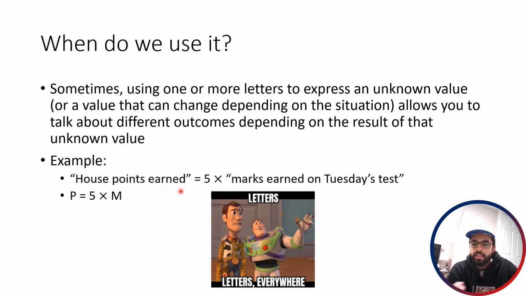If I said that as a sentence, I would say I'll give you 5 house points for every mark you earn on the test. That's 5 house points for every mark on the test.